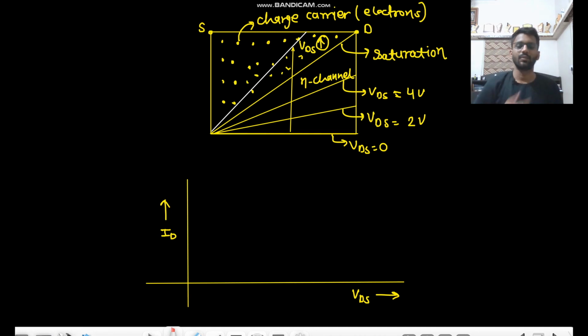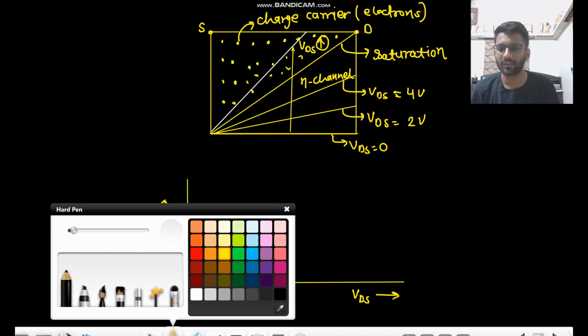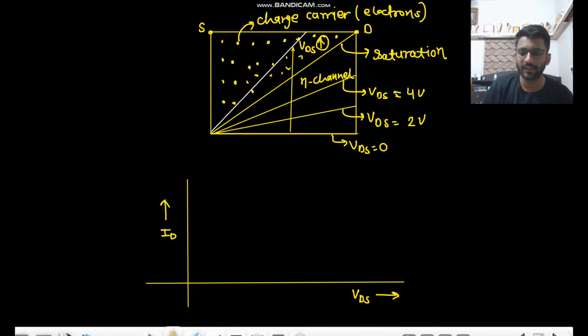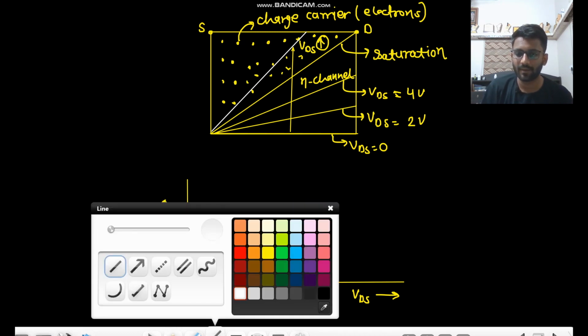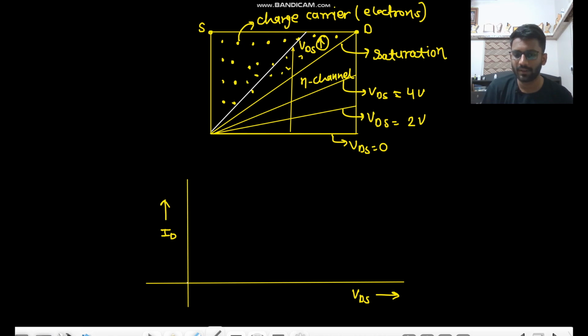Let us draw the waveform first. How it will look is that first it will be a bit linear, then there will be some curve, a sublinear region we call that, and then it will saturate.